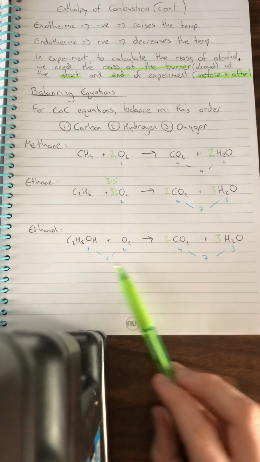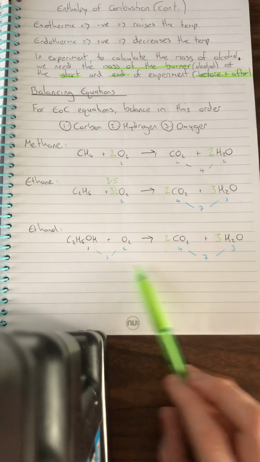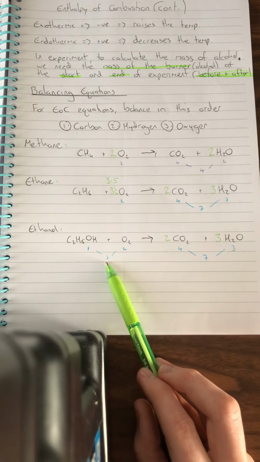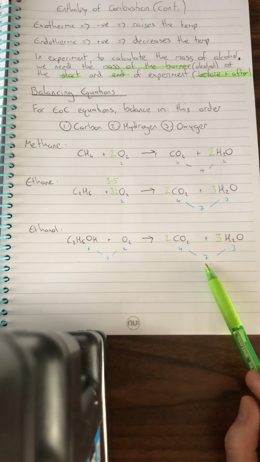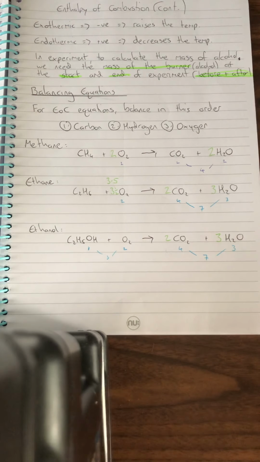How do we do it? What number times 3 gives us 7? If we times it by 2, it gives us 6. Oh, sorry.